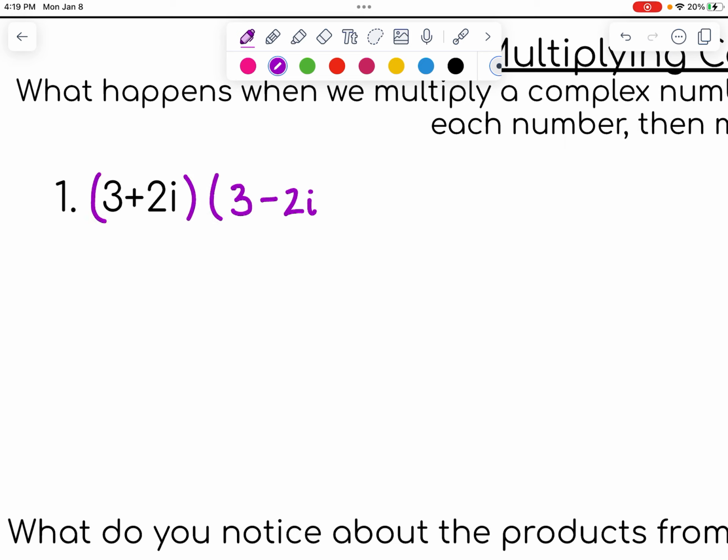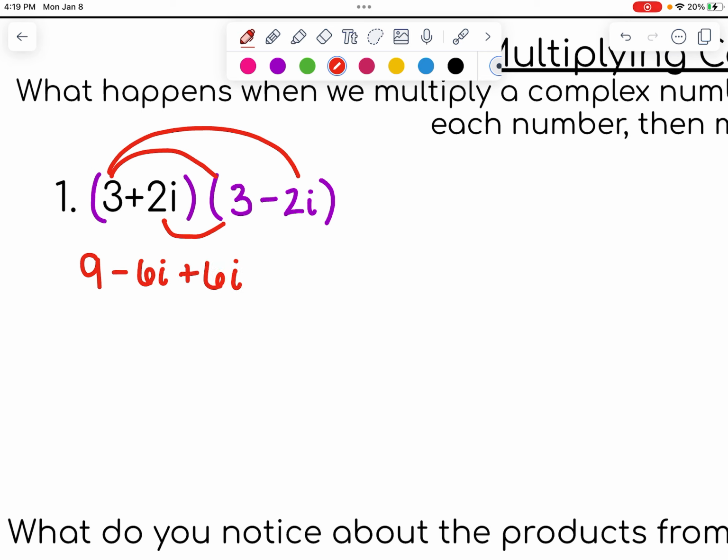Now we want to multiply them together. So I'll put them in parentheses to indicate multiplication. And then I'm going to distribute. So we get 3 times 3 is 9. 3 times negative 2i is negative 6i. 2i times 3 is positive 6i.